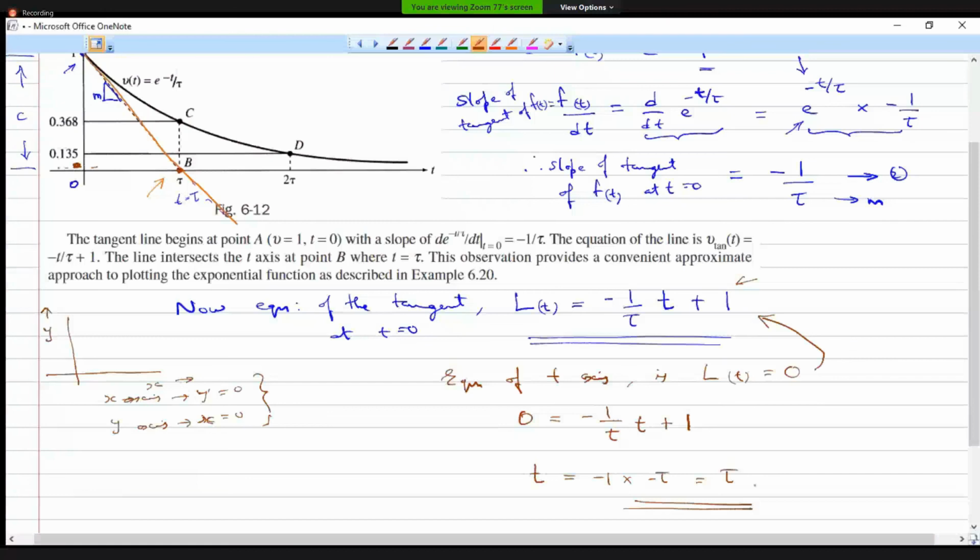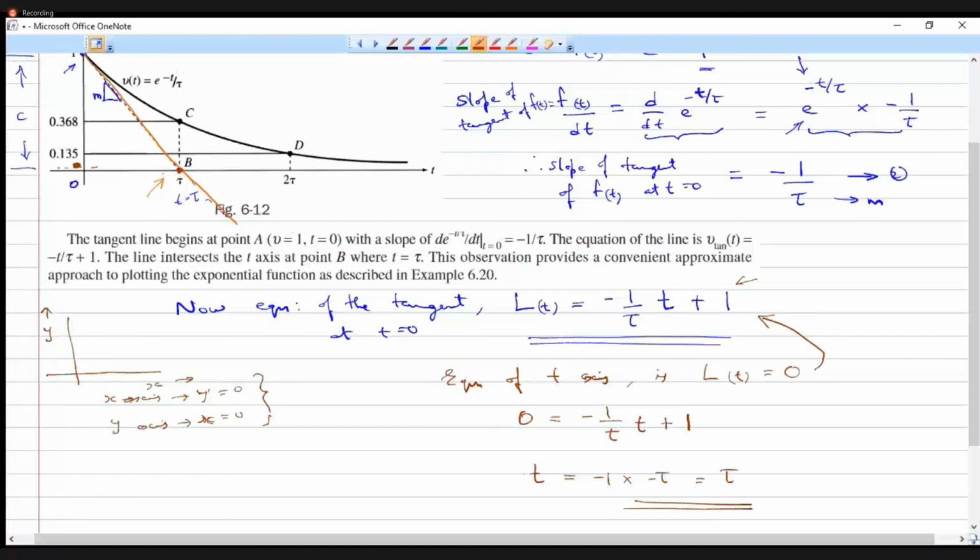Okay, tau. So at the time constant tau, the tangent to the graph at t is equal to 0 crosses the value of this function corresponding to t is equal to infinity.